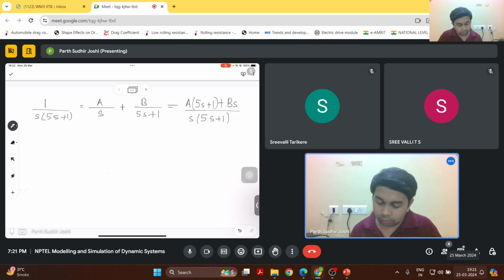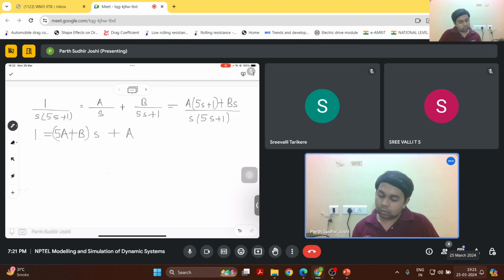So the numerator is 1 on the left hand side, and on the right we have 5A plus B as the coefficient of s, and A as the constant.